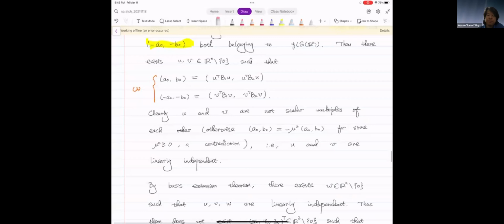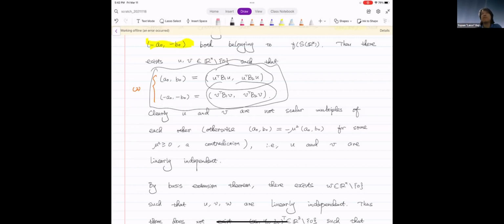Okay, so take a look at this equation. I'm basically saying that suppose there are 2 points on the circle that are opposite to each other, and suppose that they are generated by u and v from the map F. Okay, so suppose this is the case.